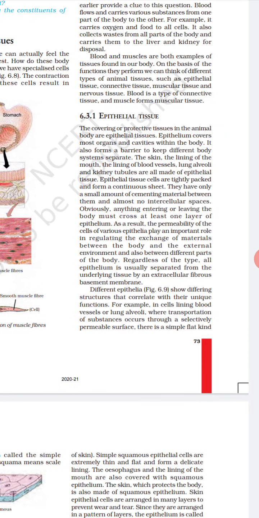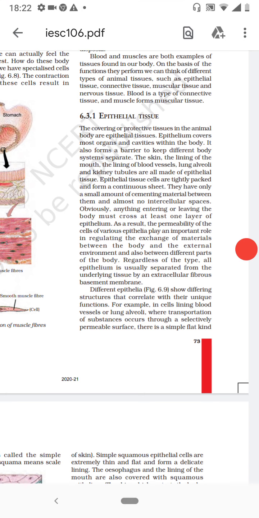It covers most organs and cavities of the body. It forms a barrier to keep different body systems separated from each other, as it covers cavities of the body also. In these tissues, cells are tightly packed and form a continuous sheet. Why are they tightly packed?